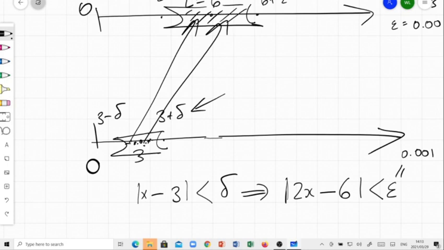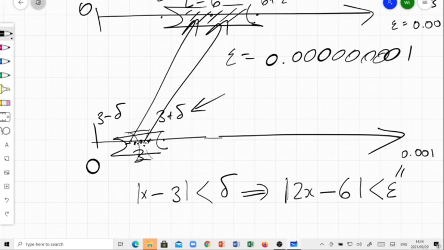So no matter what the epsilon challenge is, even if I make my epsilon tiny, like 0.000000001, for this challenge I must find a new delta such that for all those x's within distance delta of 3, without exception, those x's will definitely be within 0.000000001 of 6.